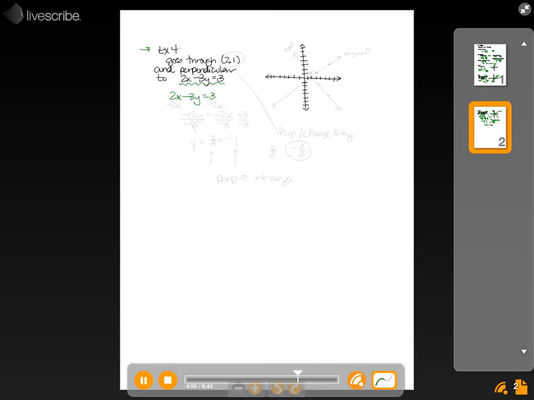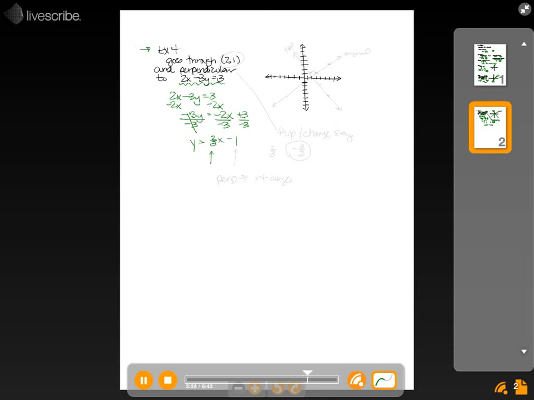Alright, so let's get the y by itself. Let's take 2x away from both sides. So we've got minus 3y equals minus 2x plus 3. Divide everything by negative 3. So y equals 2/3 x minus 1.